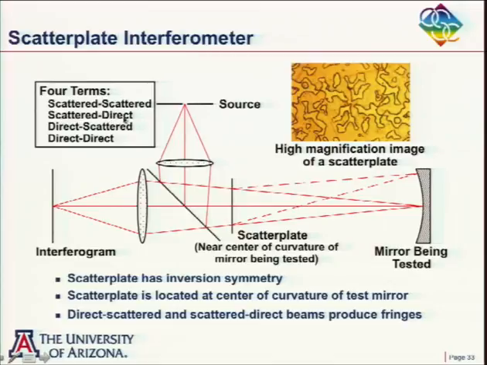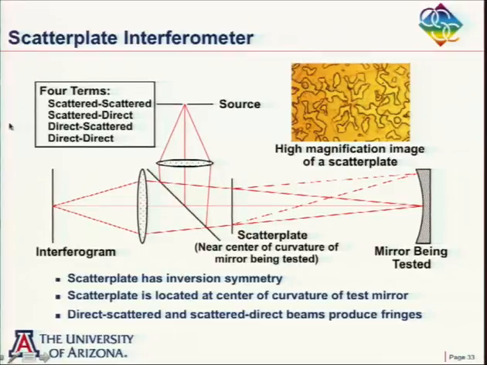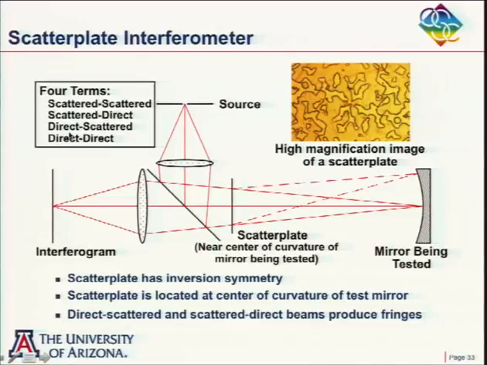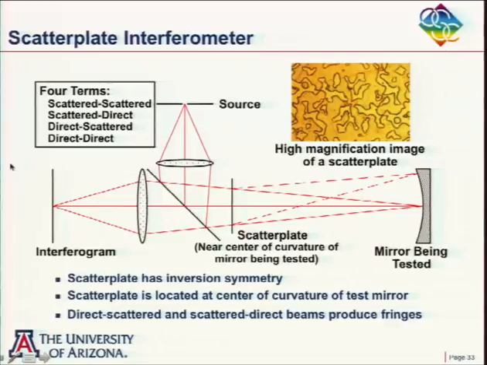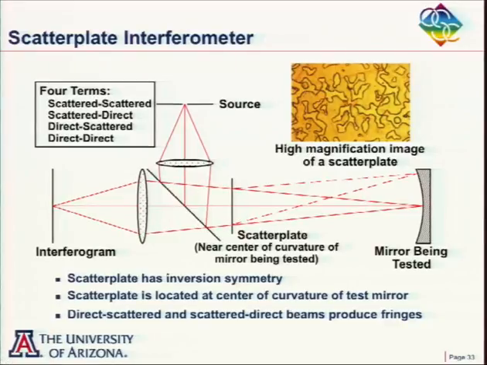I will have a beam that was scattered the first time and then went directly through the second time. I'll have a beam that went directly through the first time and was scattered the second time. Then I'm going to have a beam that wasn't scattered either time. It's going to be direct. So in this space over here, I have these four beams.